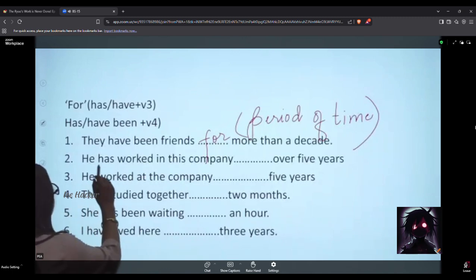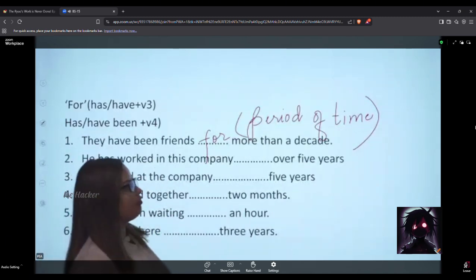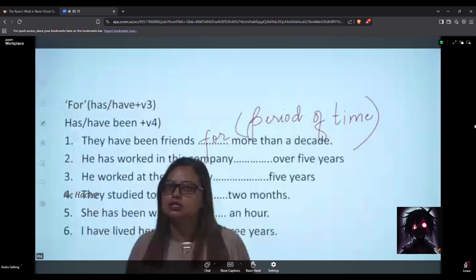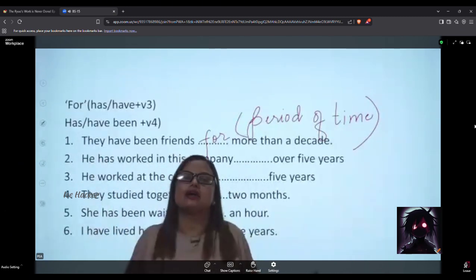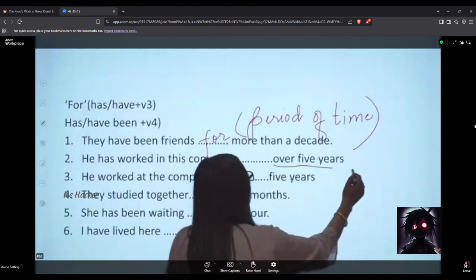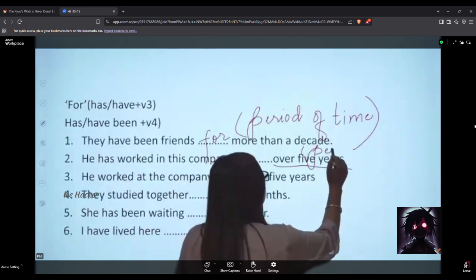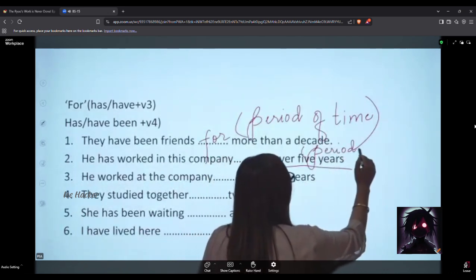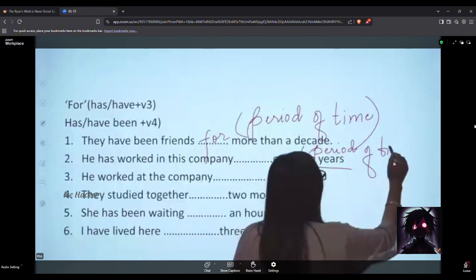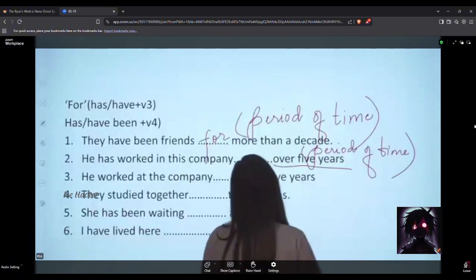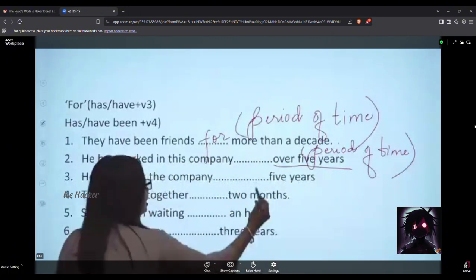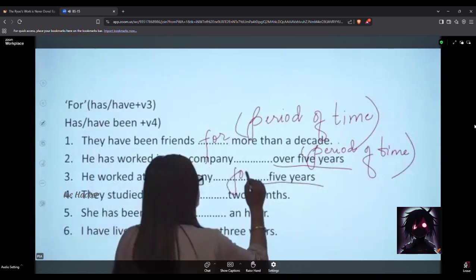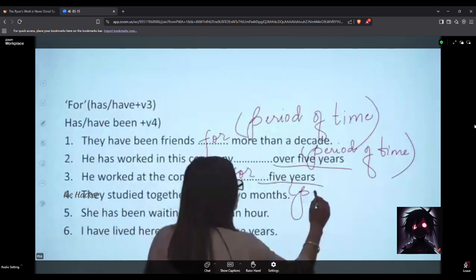Now, he has worked in this company over 5 years. Okay, it means more than 5 years of time. So it is also talking about a period of time. I worked at the company how many years? For 5 years. Period of time.